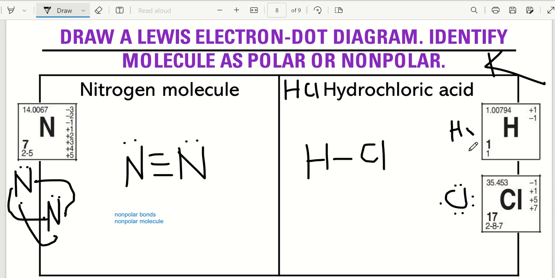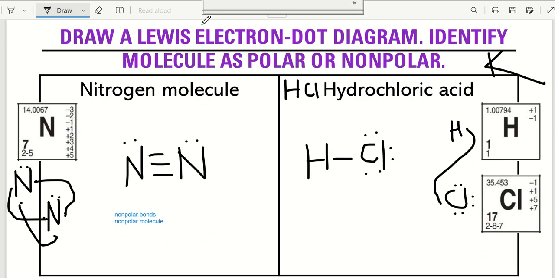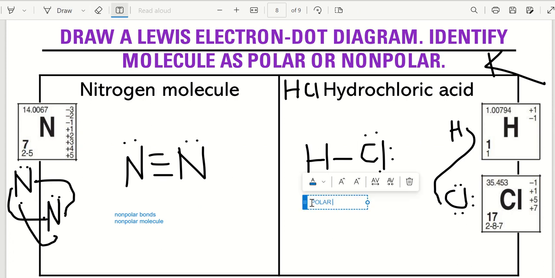All right, that accounts for this. Any more unpaired? Nope. Okay, H and Cl. So H 2.2, Cl 3.2. So what do I have here? Polar bond, polar covalent. And I only have one bond.